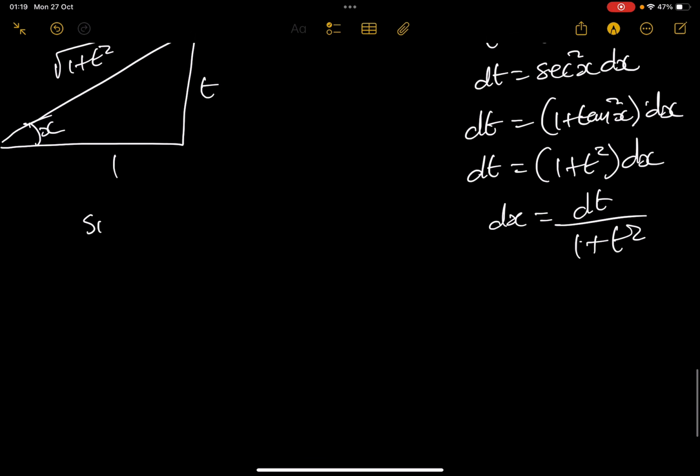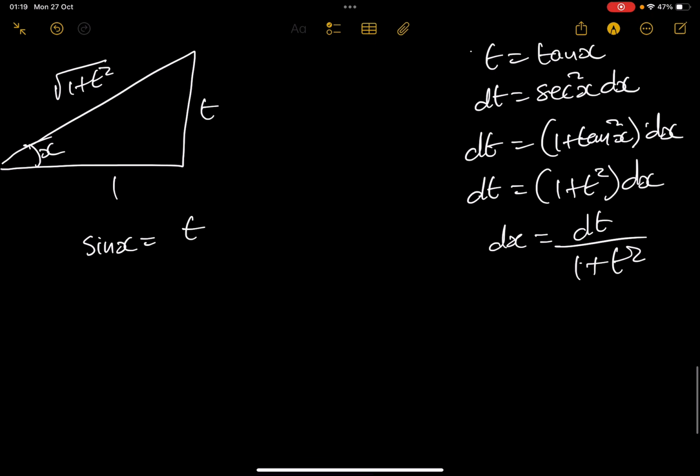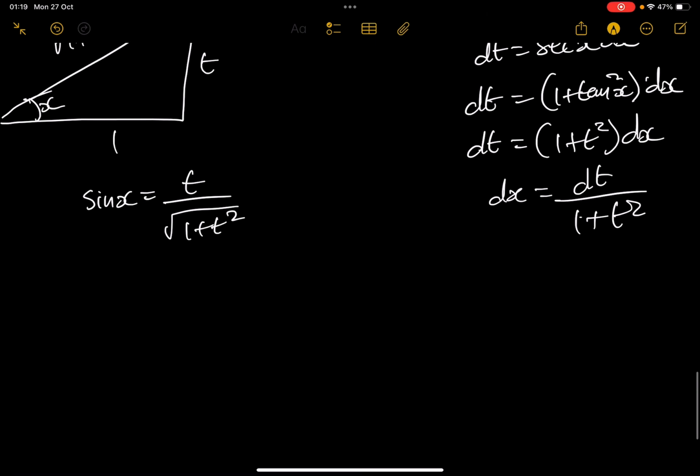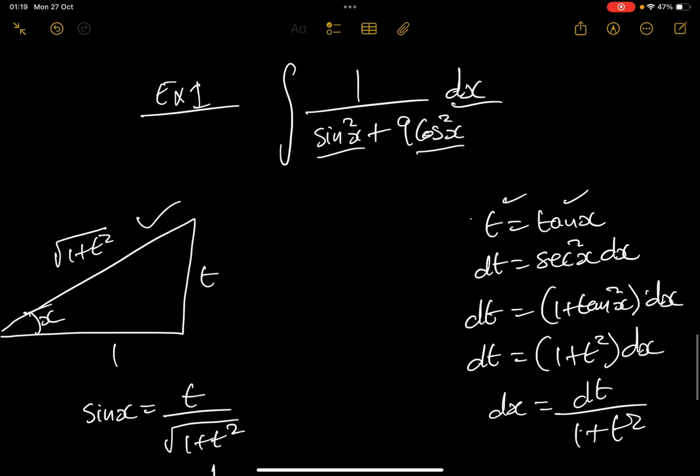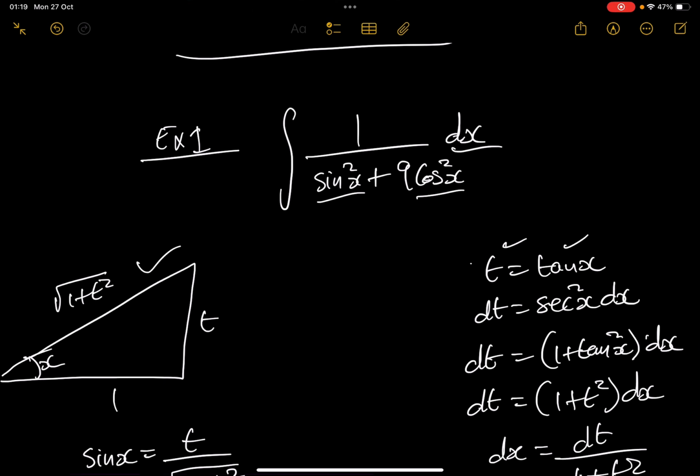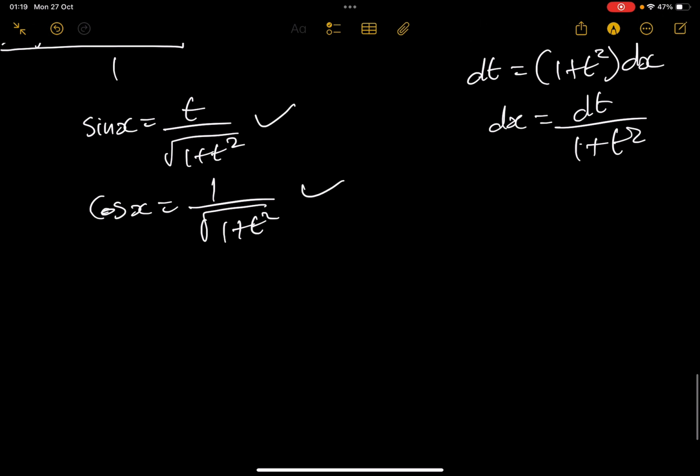Sine x is opposite over hypotenuse, and cos x is adjacent over hypotenuse, from this triangle. So now, instead of sine x and cos x, we are going to substitute these two expressions.